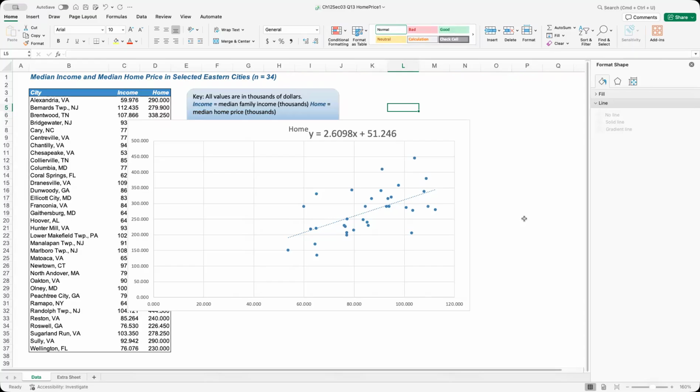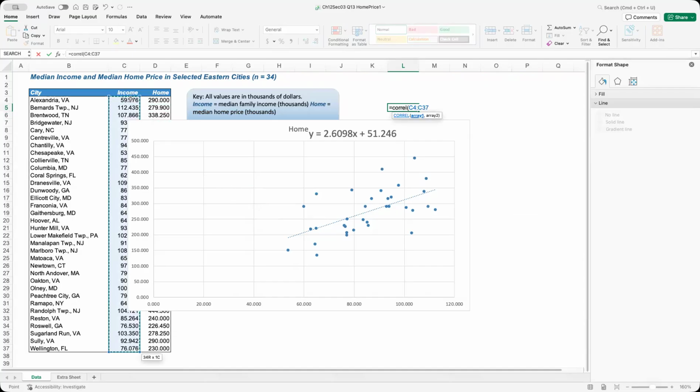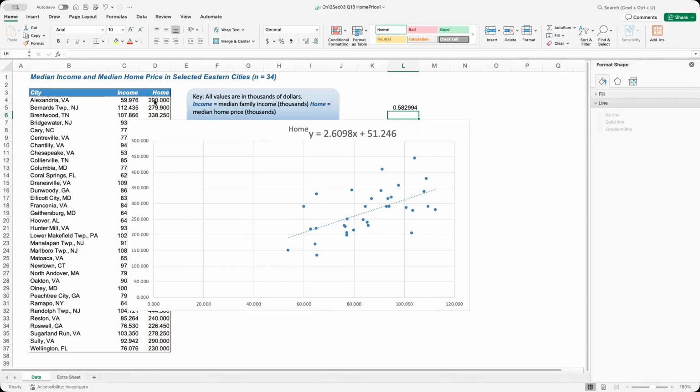So if I type up here in one of these boxes equals CORREL parentheses, highlight the income list, comma, highlight the home price list, I get a correlation of 0.5829 according to that list of decimals. What does that number tell me?